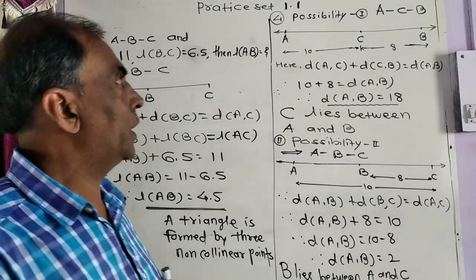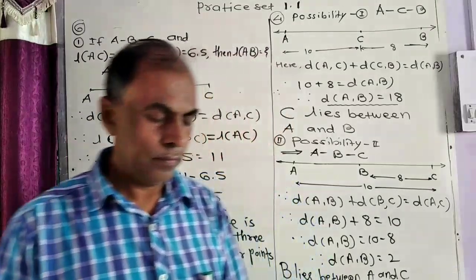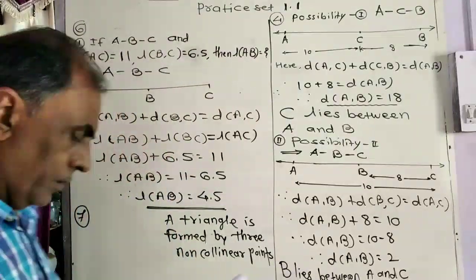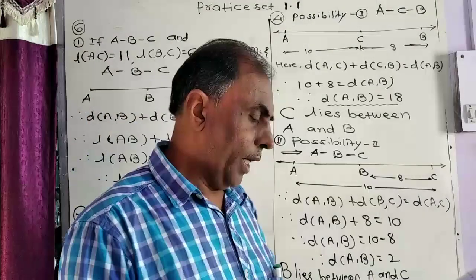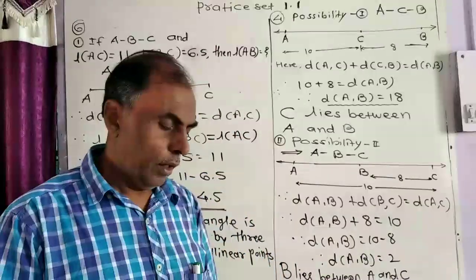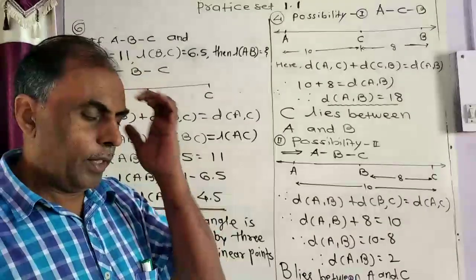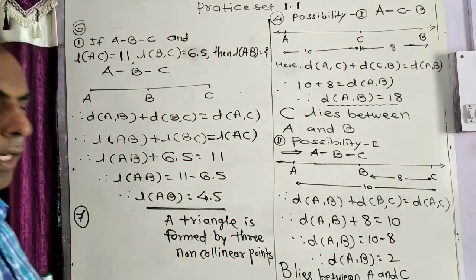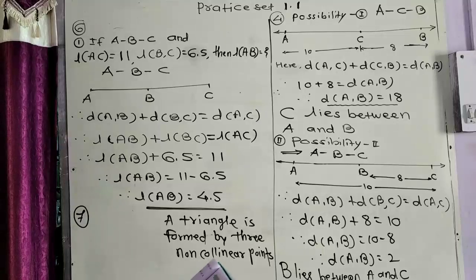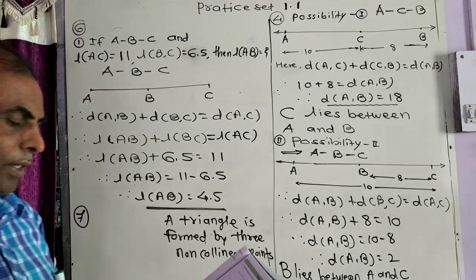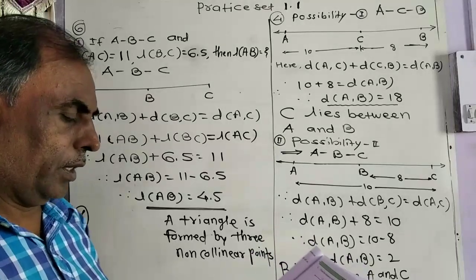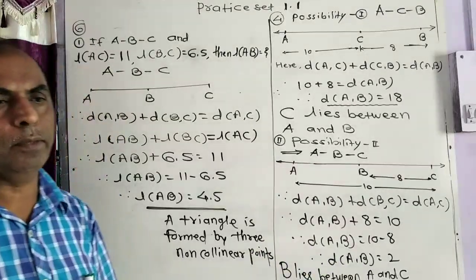Now we have taken example number 4 from practice set 1.1, and the question is: on a number line, points A, B and C are such that distance AC is equal to 10 and distance BC is equal to 8, then find distance AB considering all possibilities.